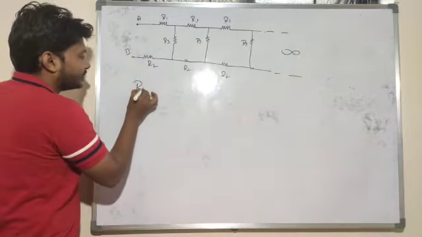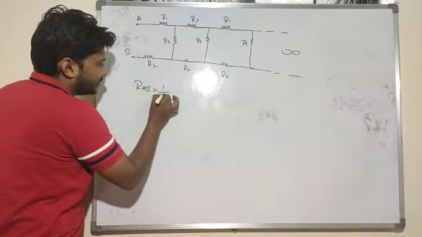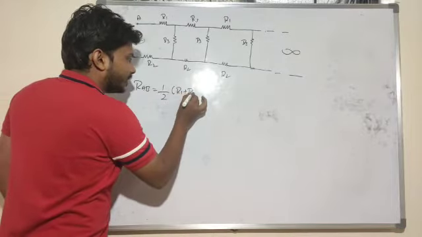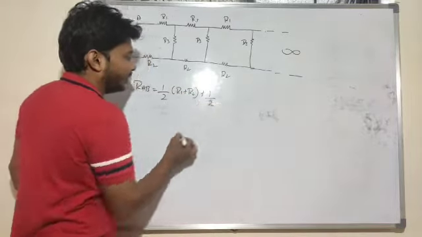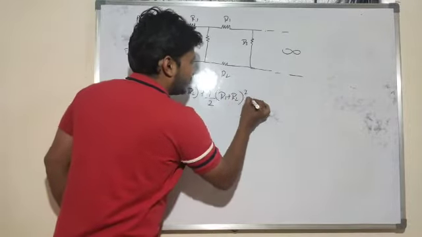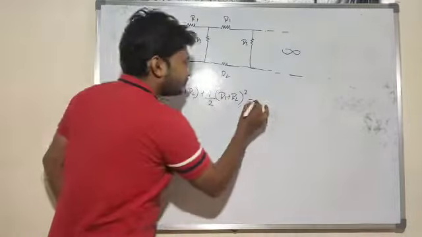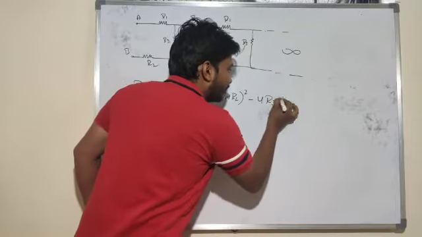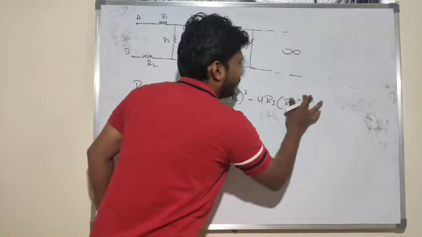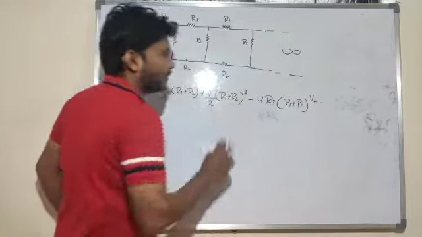So the effective resistance between A and B is 1 by 2 of R1 plus R2 plus the square root of (R1 plus R2) whole square minus 4 times R3 into (R1 plus R2). So look at here.